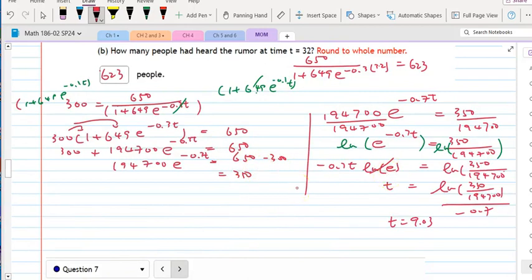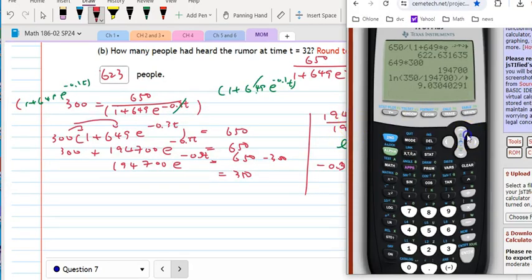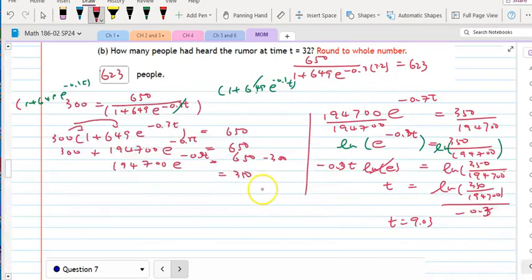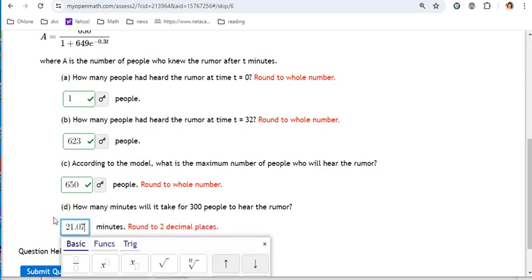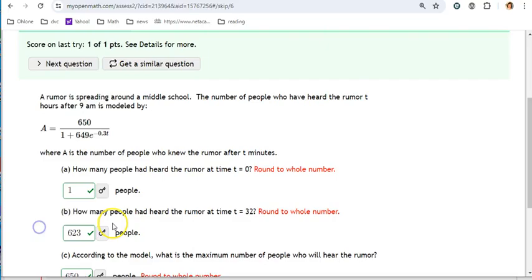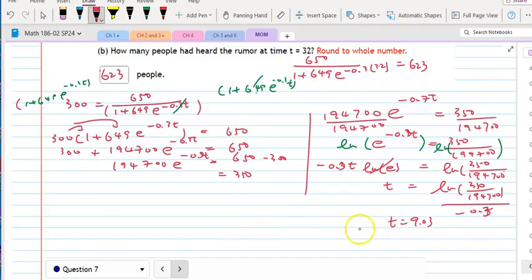Gosh, I copied wrong. I keep on copying 0.7 starting here. So this is 0.3, 0.3. Should be divided by 0.3. Yeah, this is a 0.3. So I can just copy this, but change this to 0.3. 21.07. That seems right. Yeah, it's a careless mistake.